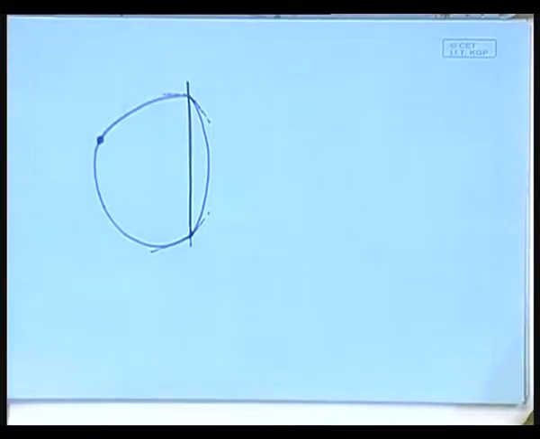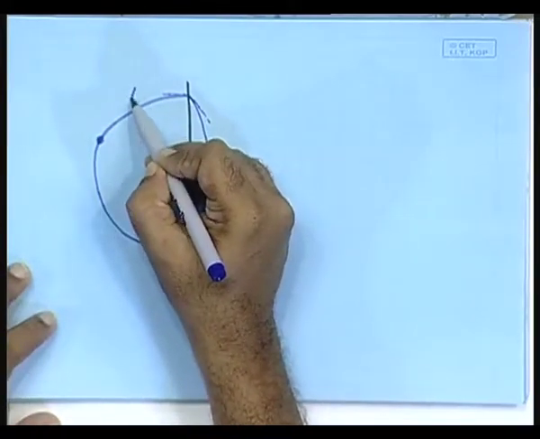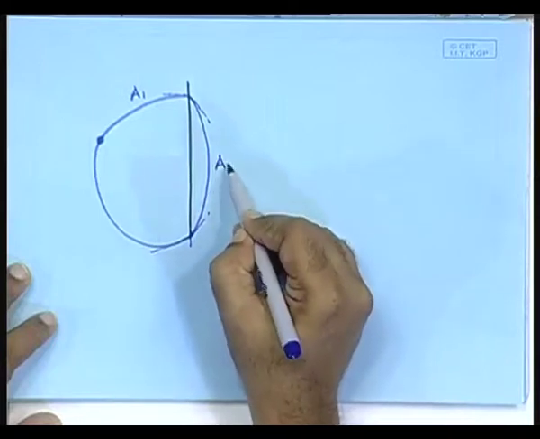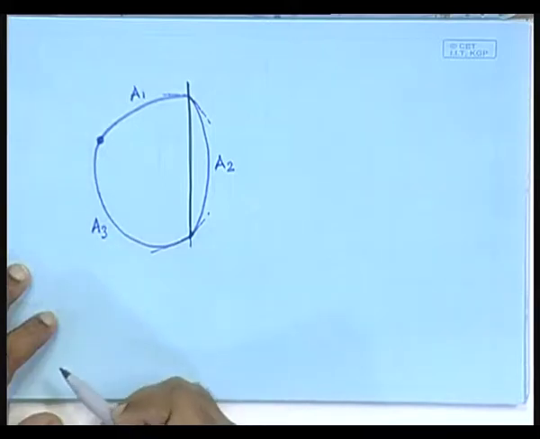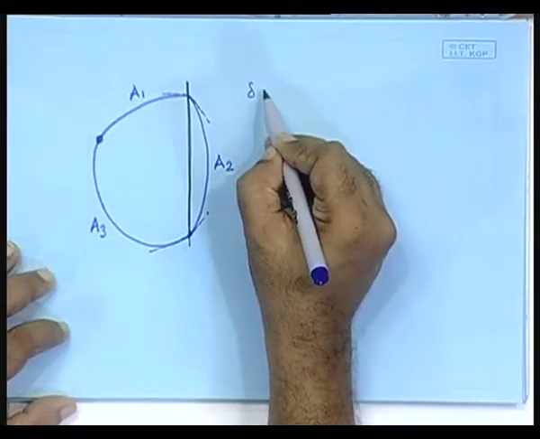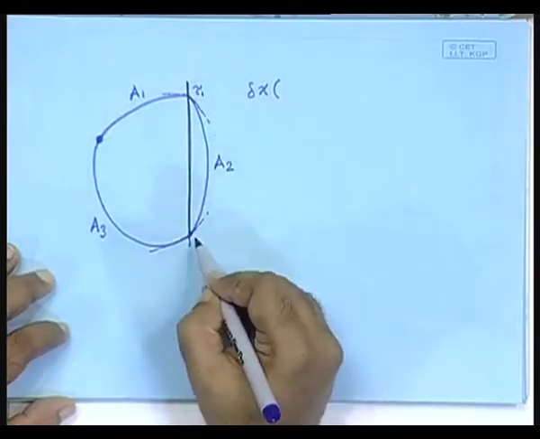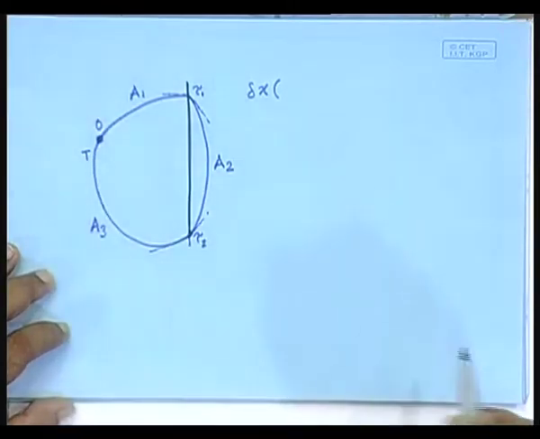The question is now, if you say that from here to here my state transition matrix is A1, from here to here the state transition matrix is A2, from here to here the state transition matrix is A3, then you will write delta x of, say here it was hitting at tau 1, here is tau 2, starting at 0, ending at t.